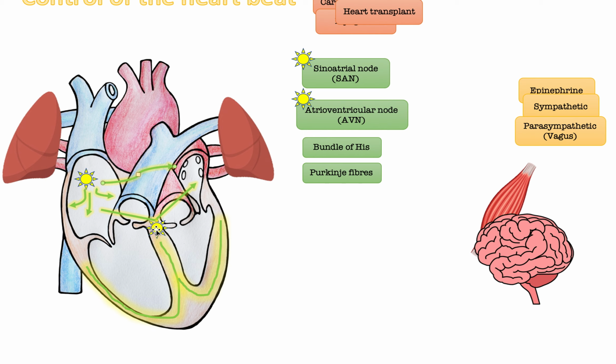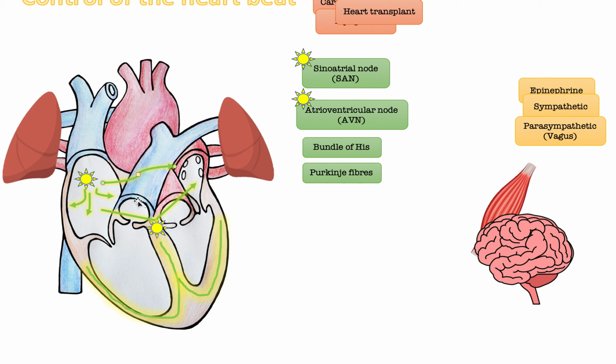So the AV node is extremely important to make sure that the signal being sent from the SA node to the right atrium and the left atrium does not go to the ventricle so quickly. It slows the signal down so that the ventricle receives that signal slightly later, allowing the atriums to pump the blood into the ventricles first, and then for the ventricles to pump it afterwards to the lungs and the rest of the body.